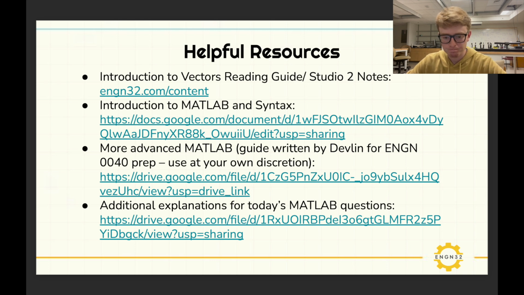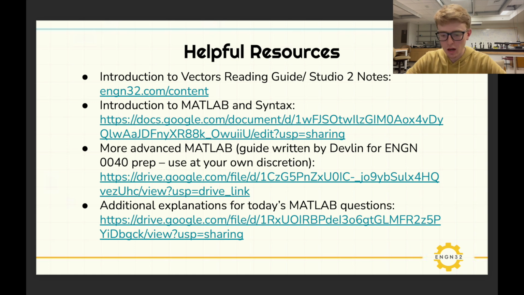And this is sort of more advanced MATLAB, so it's talking about things like for loops and data processing and if statements. These are all things that we will talk about later in this class, but you can kind of get a preview. Just look at it at your own discretion or don't look at it at all, because there is some content in there that might be a little bit confusing, because remember, this is the last thing that we did in this whole class. So yeah, just keep that in mind if you decide to look at that.